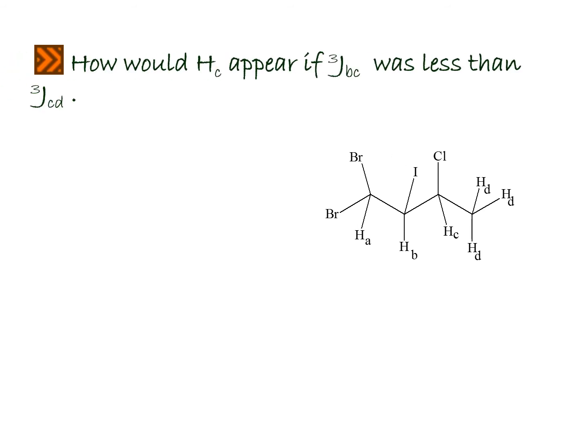How would HC appear if J3 BC was less than J3 CD?